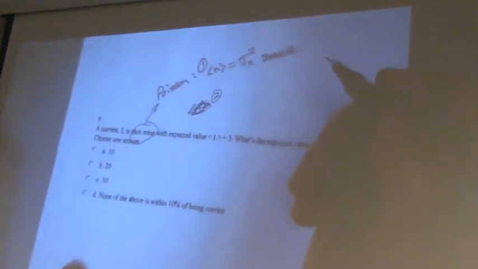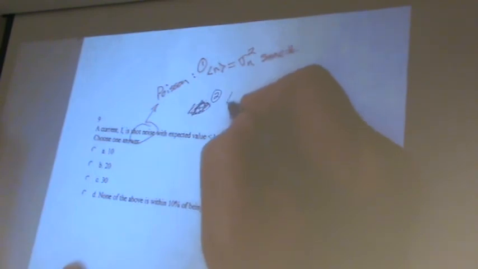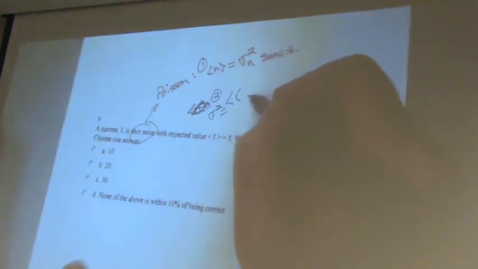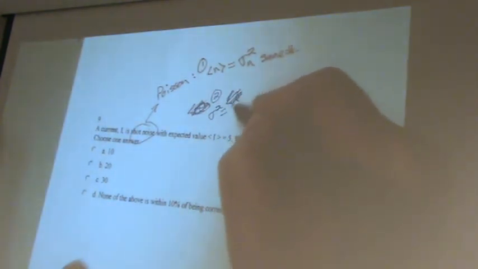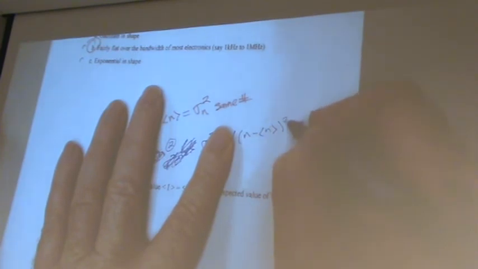I'll do step two in a different color. Step two here is what's the variance? Well, you might define variance to be the average of this: take my random variable, subtract its average value, square it, make it more like power.